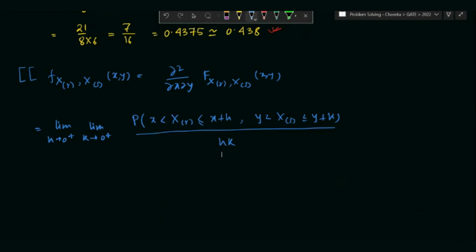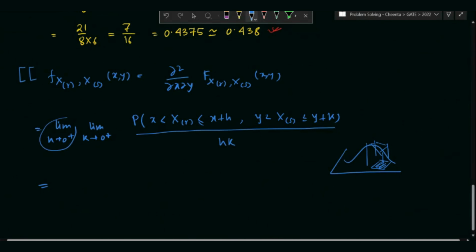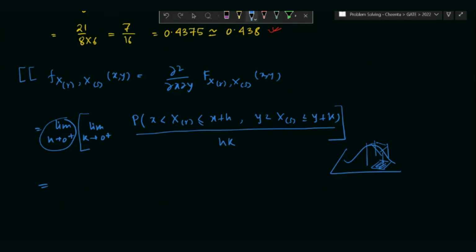So this hk is the area, and this is the probability, the density part. We can fix a constant, that is, putting h equal to 0 outside and taking the limit with respect to k, then we will get the joint density with respect to x and y.